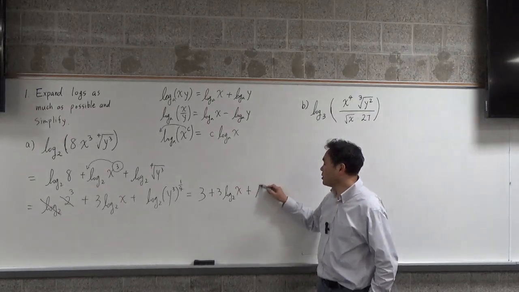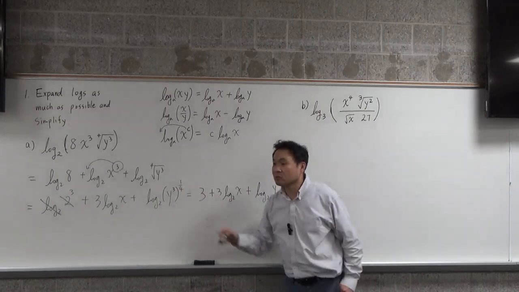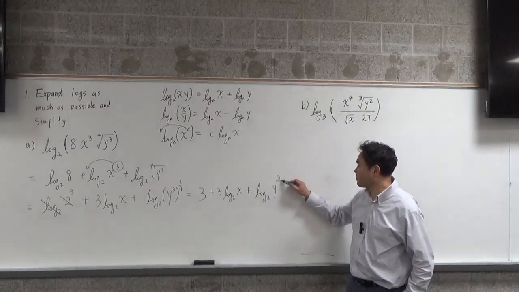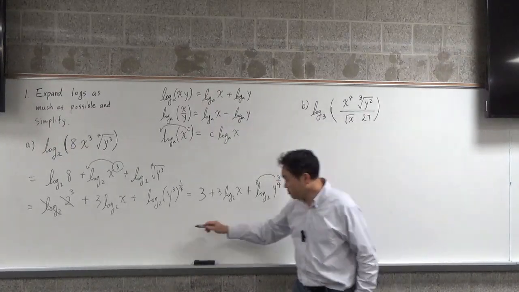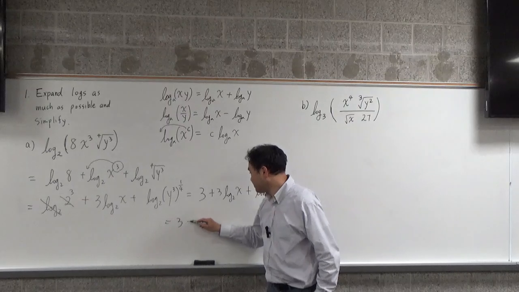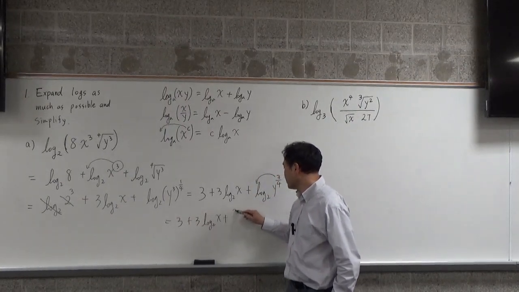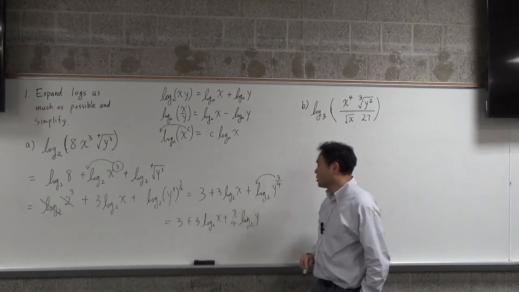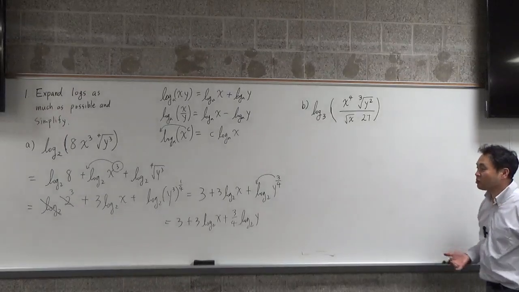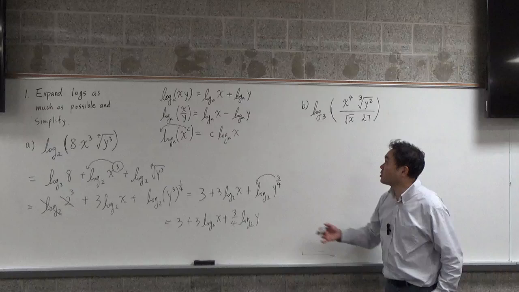And then you have log base 2 of y to the, these two multiply, so you get 3 over 4. And then finally you let this one jump in front. And that's the most you can do to expand. Okay, so you stop here. That's what I want. Okay.